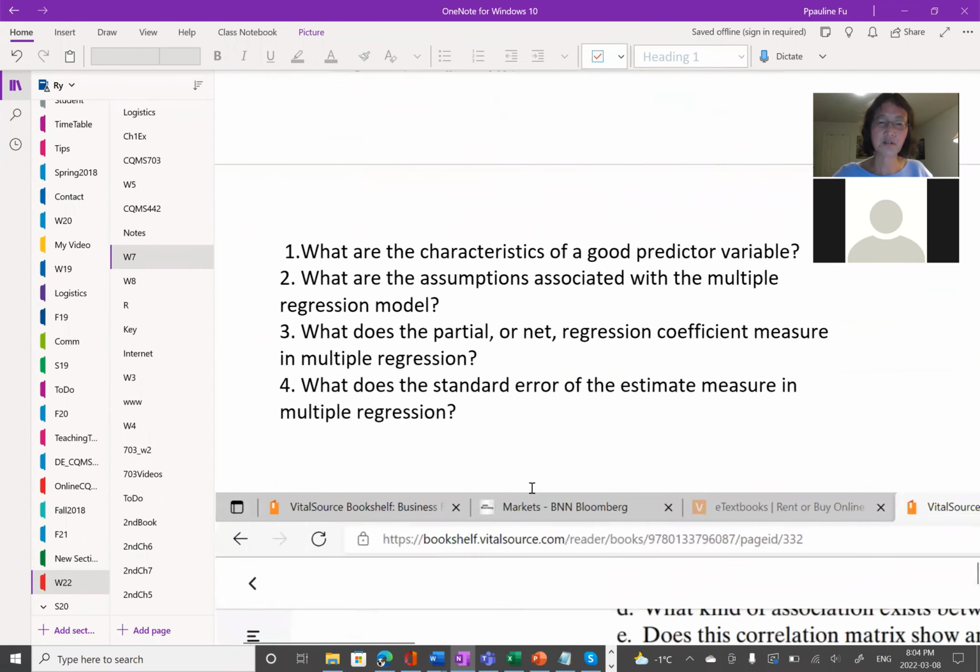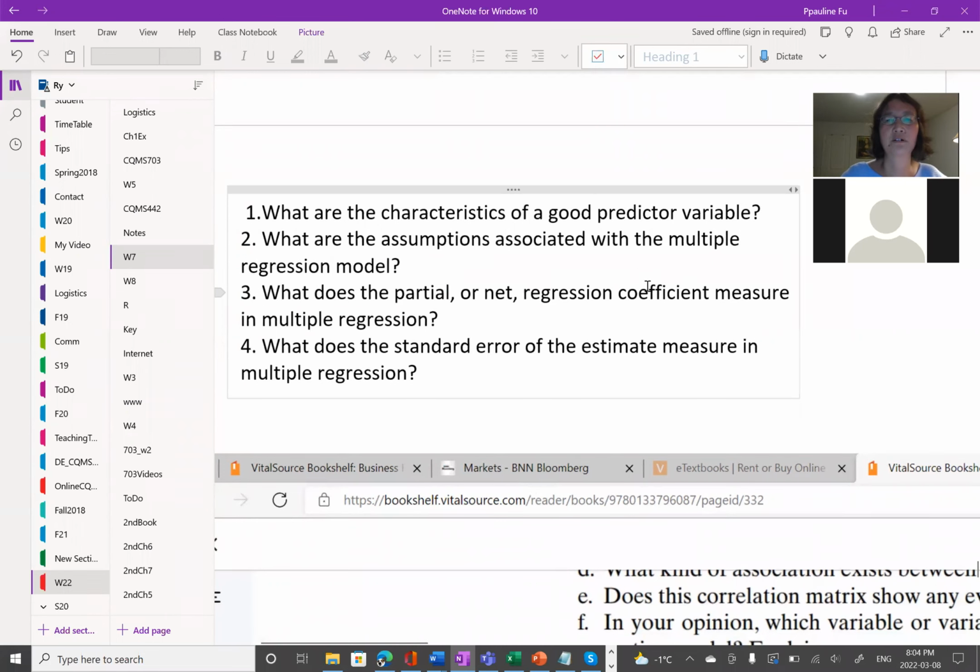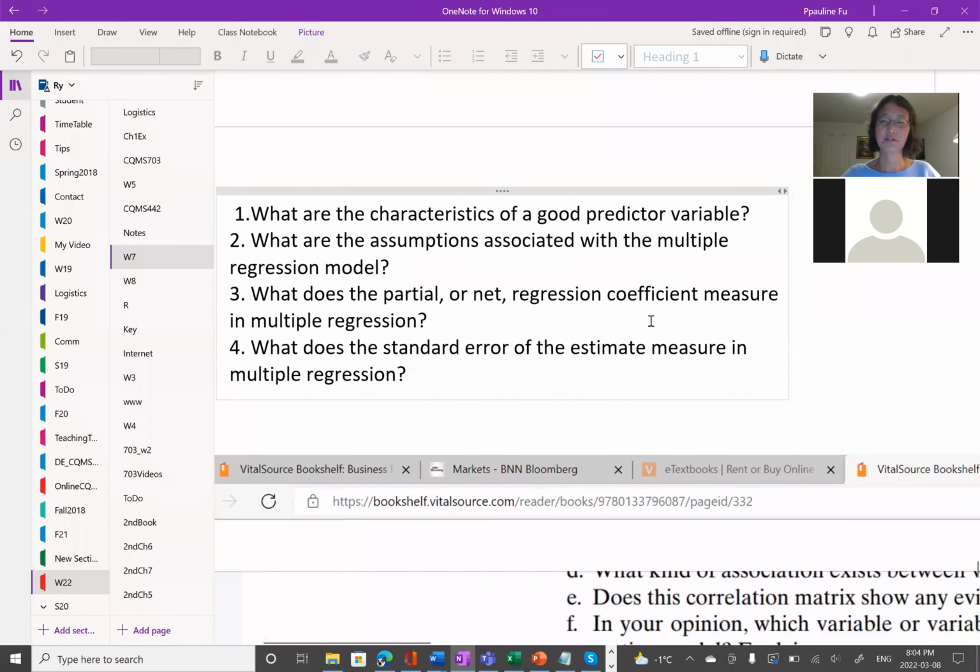As a review, question 1, what are the characteristics of a good predictor variable? How do you know a predictor is a good predictor? Usually there are 2 criteria. One, this predictor is highly related to dependent variable y.